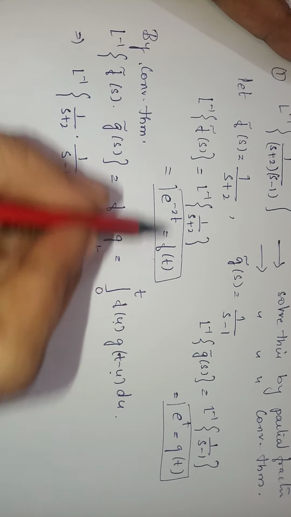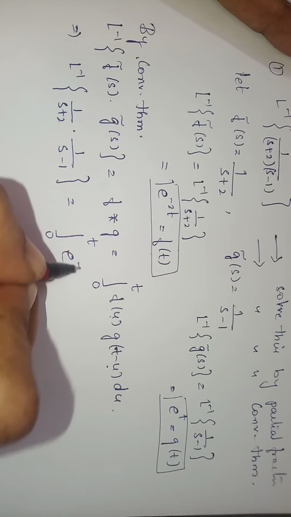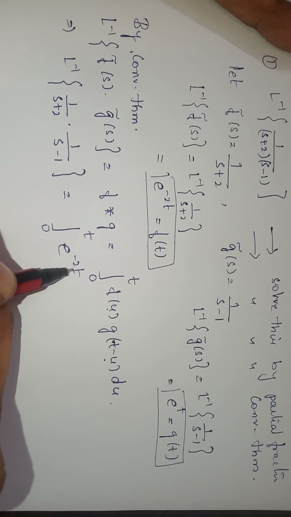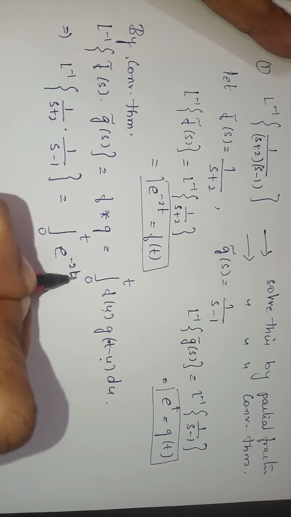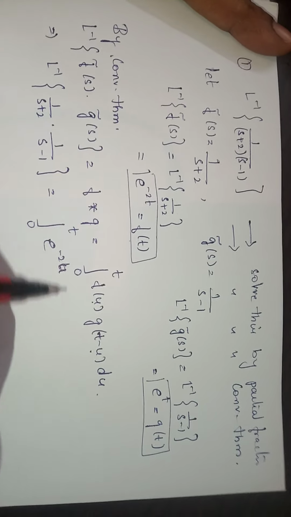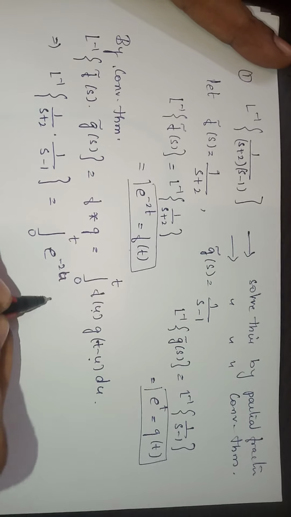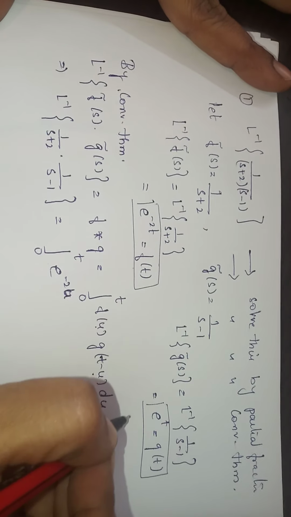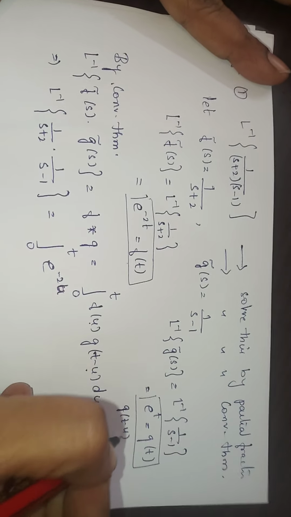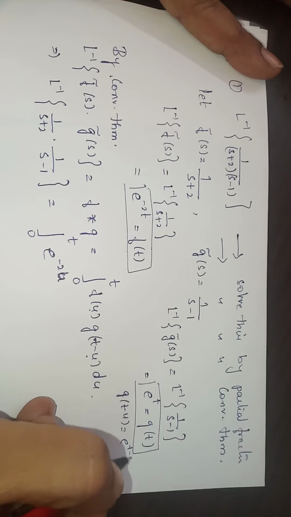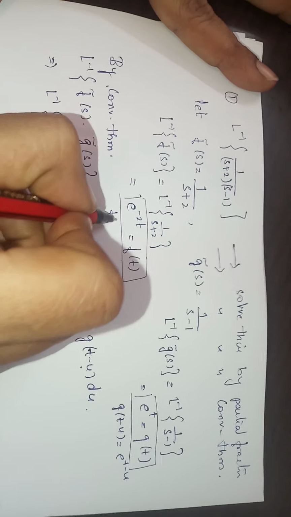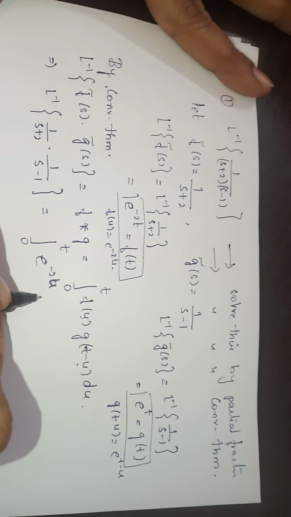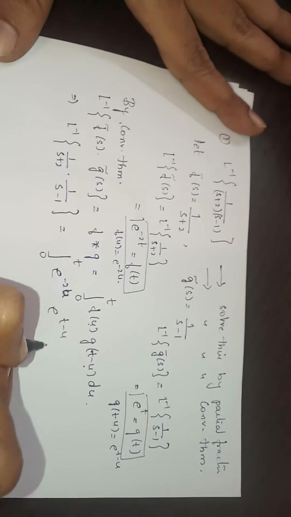So f of u will be, write it properly, not in terms of t: e to the power minus 2u. g of t is e to the power t, so g of t minus u will be, wherever t is there, replace it by t minus u. So it will be e to the power minus 2u into e to the power t minus u du.